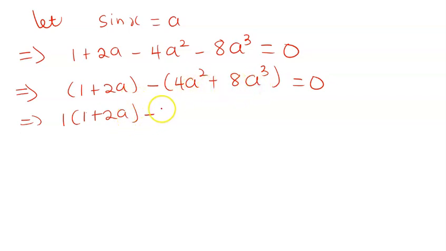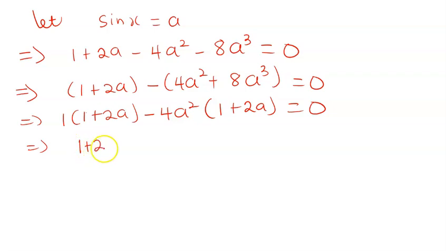We have minus 4a squared times 1, and this will go into 8a cubed plus 2a is equal to 0. So we have 1 plus 2a times 1 minus 4a squared, which is equal to 0.